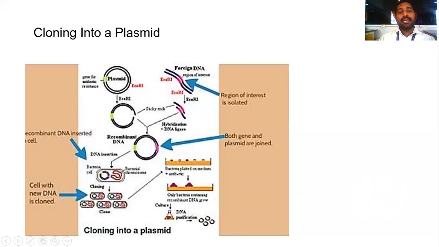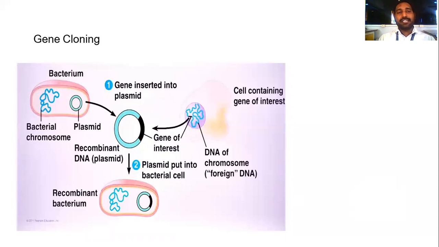In another case, these host cells will be put into the medium, where we can generate a lot of clones, and from the clones we can extract our gene product. The product will be purified, and then we will use it for commercial applications, healthcare industries, or other industries.